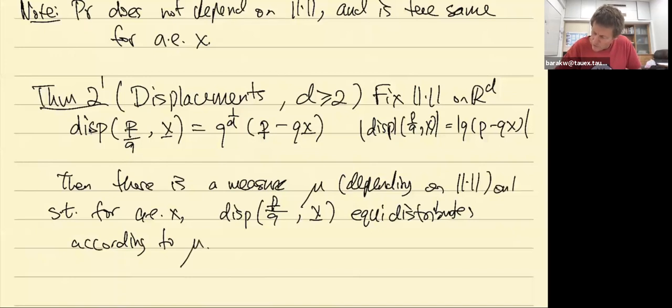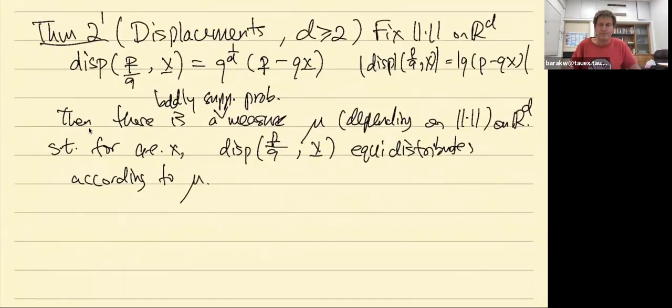This is a measure on R to the d. It's a boundedly supported probability measure on R to the d, and we get this distribution.